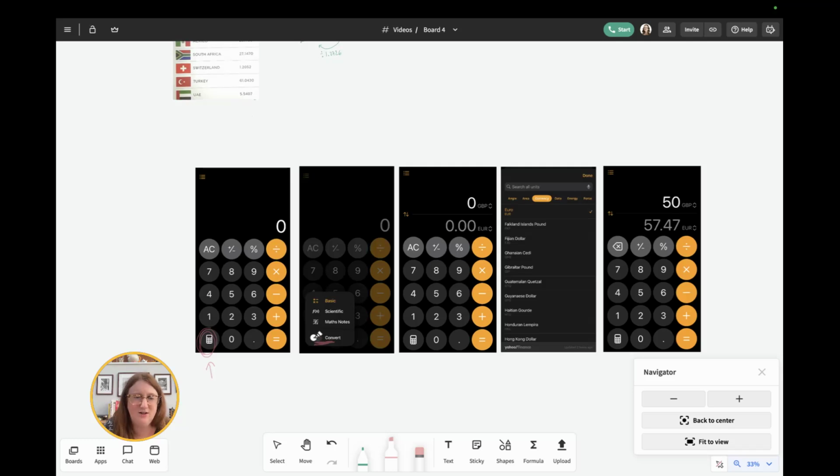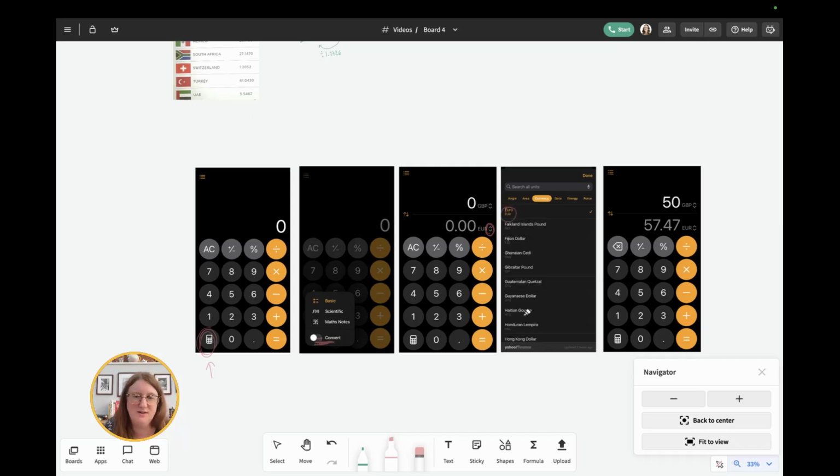Now, if you toggle this on, it will change so it looks like this. So now I've got British pounds and euros. I can click these 2 arrows here, and that will bring up my list of currencies.